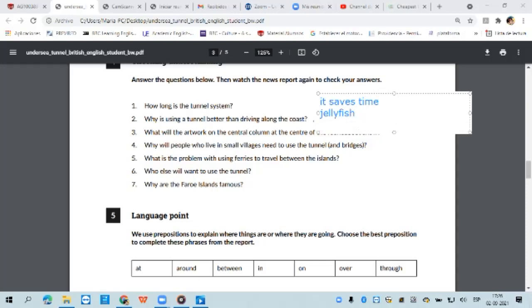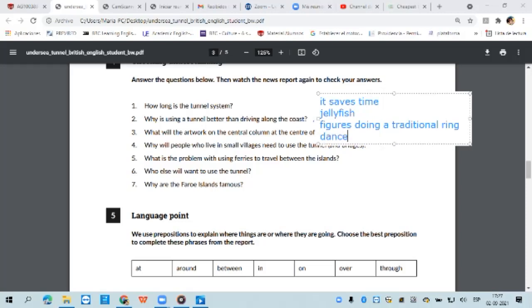Metal figures doing a traditional ring dance. We're going to look at it later on.